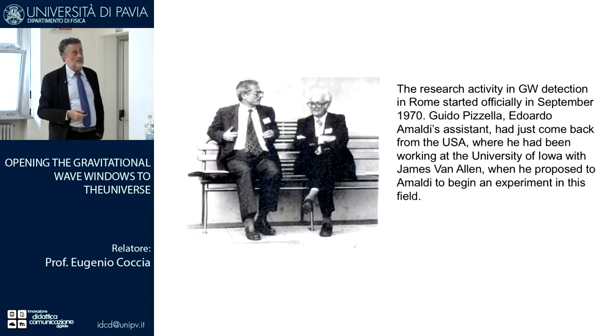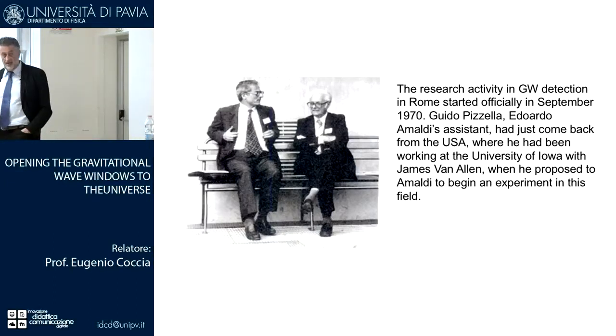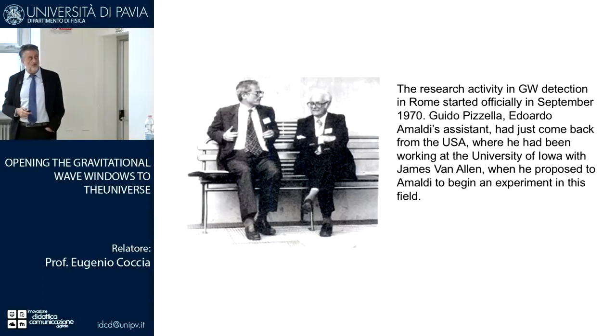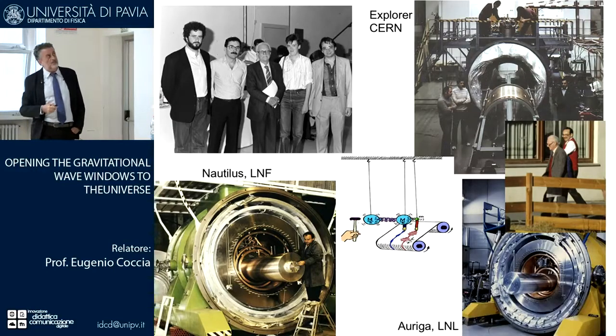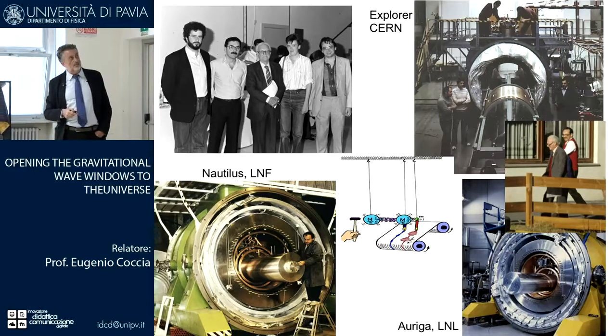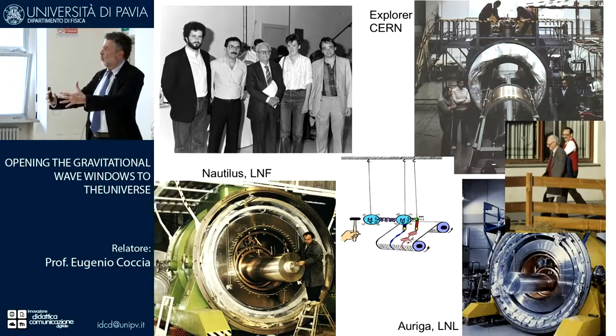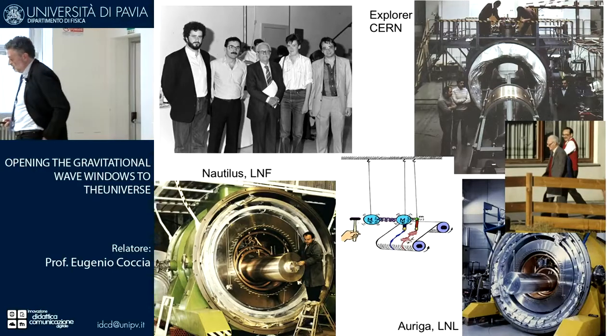In Rome, Amaldi had an assistant, Guido Pizzella, and he became the leader of the group. Thus Italy was always in the first row in this research. This is a picture which I like. This is Edoardo Amaldi when he was 80 years old. So we developed these resonant masses, this tuning fork that has to resonate when gravitational waves arrive.